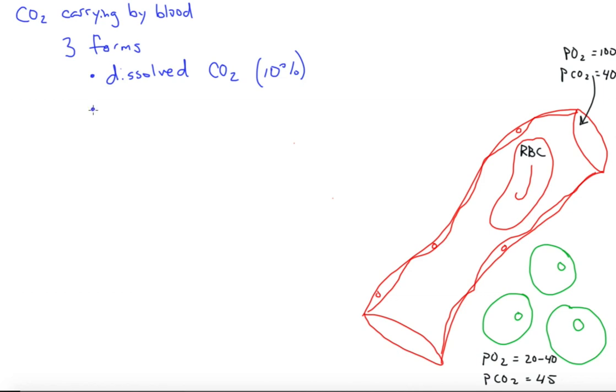Another form is bound to hemoglobin, right? As we just said, sort of matches up with the oxygen carrying. And that's actually called carbaminohemoglobin.